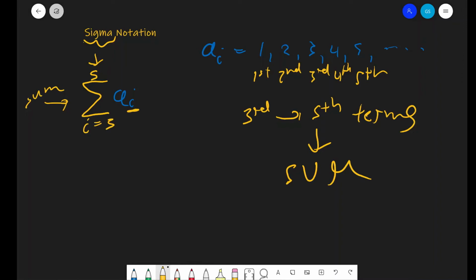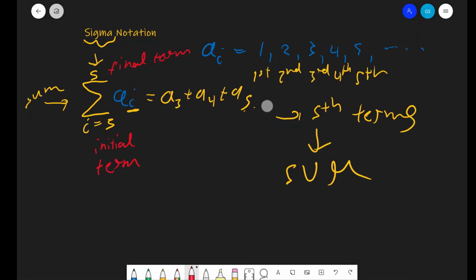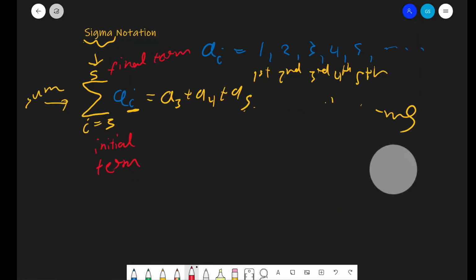So what this means is, we would say a_3 plus a_4 plus a_5. So just to reiterate, this is the final term, and this is the initial term, right? So initial, think i equals 3 term. So this is a general way to explain, let me just erase this. This looks a little confusing.